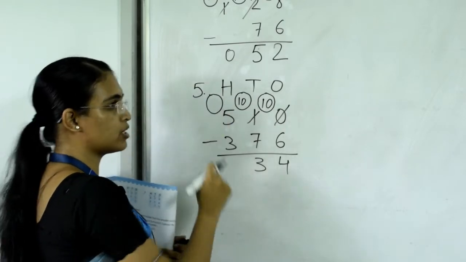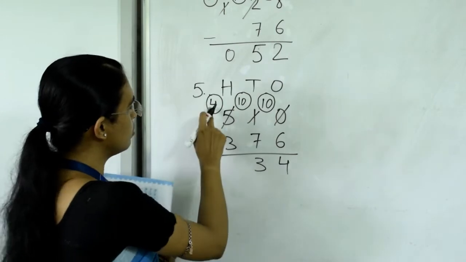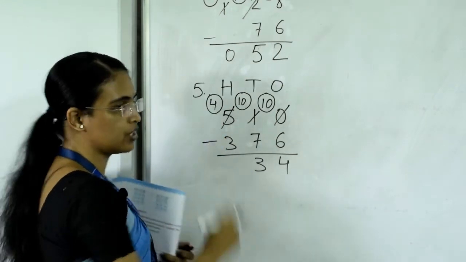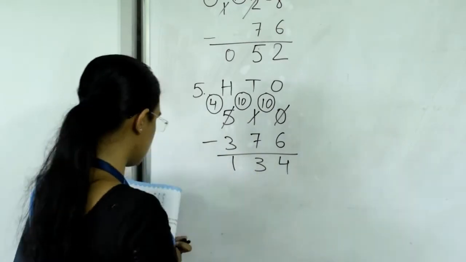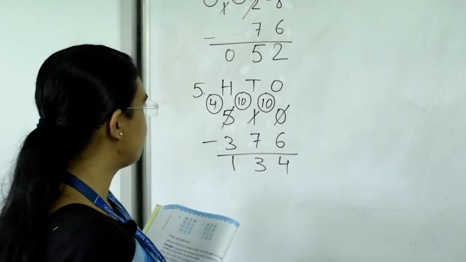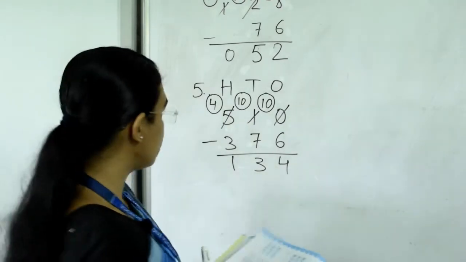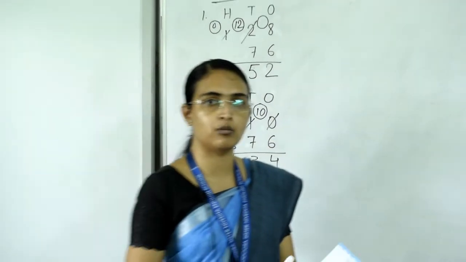So when you subtract 1 from 5, what will be the answer? 4. Now we have to subtract 3 from 4. So what comes after 3? 4. That means 1. So the answer is 134. In this way you have to do these sums. So I have shown you 2 sums and the rest of the 2 sums are your homework.